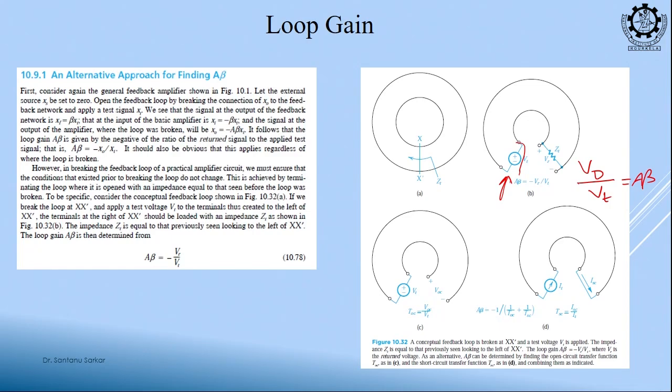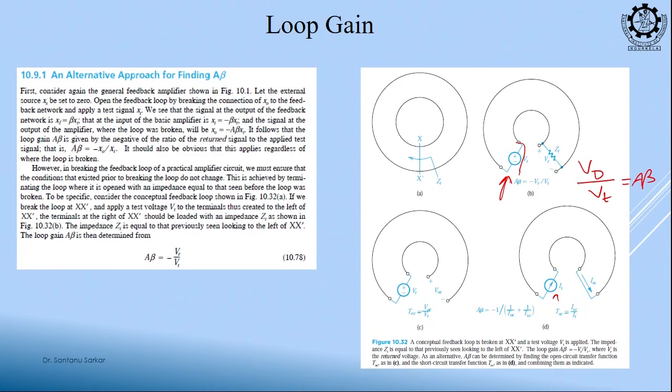Conceptually, what we are doing is breaking it, putting a source and then checking the output voltage. If it is a current, we will do the same. We will put a current source, we will short the output and find the short circuit output current. If it is a voltage source, we will add a test voltage, we will make the output open and check the output open circuit voltage, right.